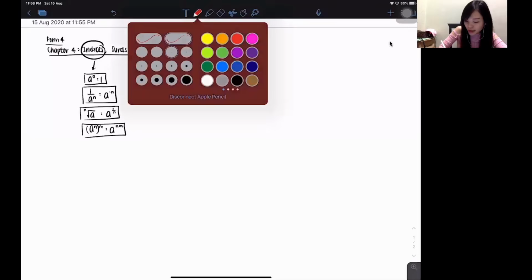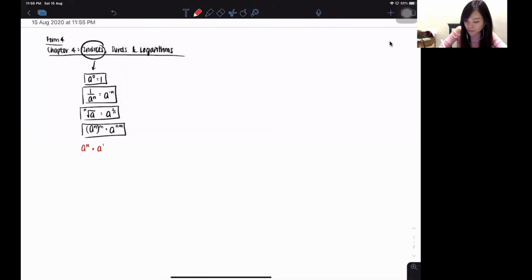Next one, a^n times a^m. This one I use red pen because SPM provided it. At least last time SPM provided it. Your year I'm not too sure yet, okay? But I will assume they provide. So the dot means what, yeah? Times. If I'm a, you are a, when we are in a times relation, when we combine together, our power becomes plus.